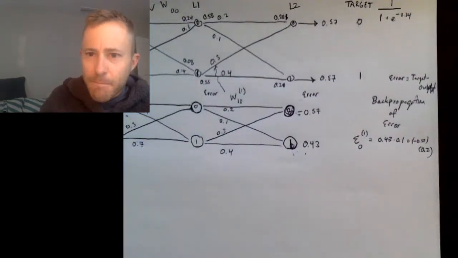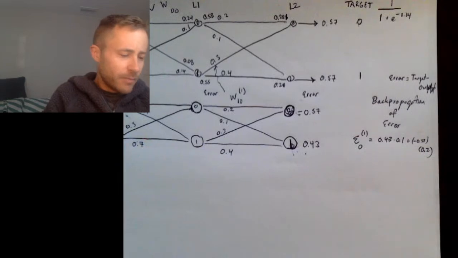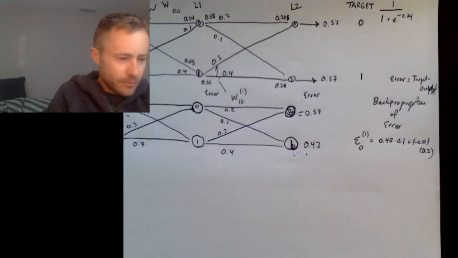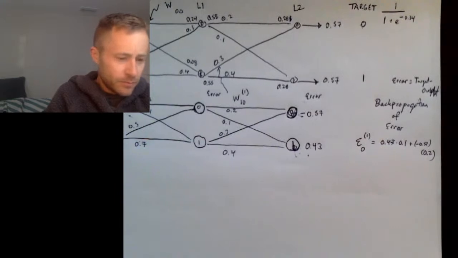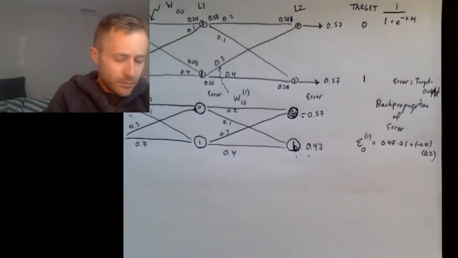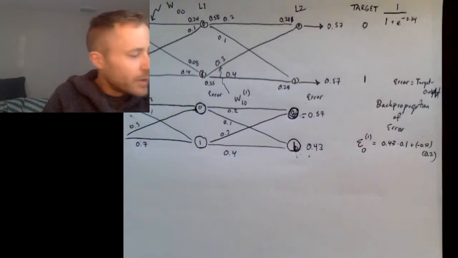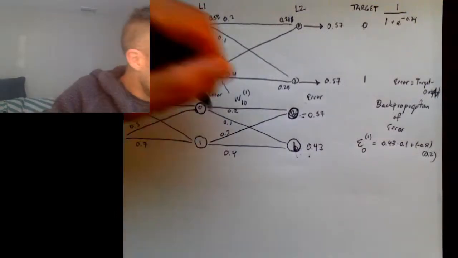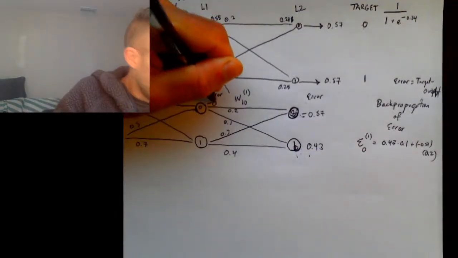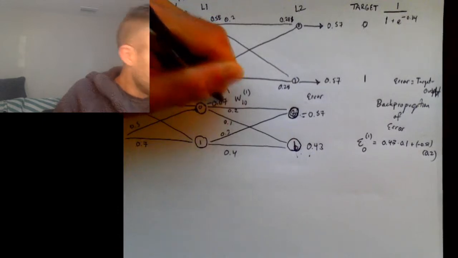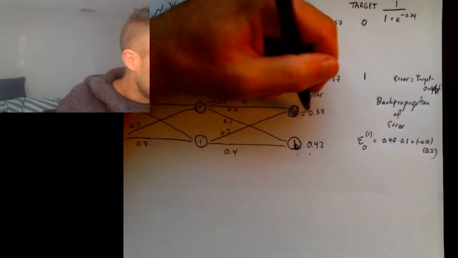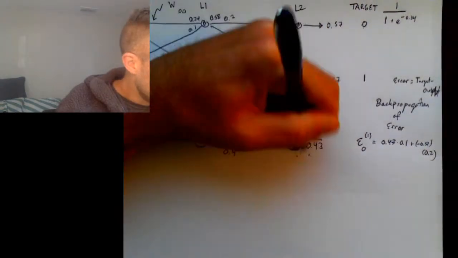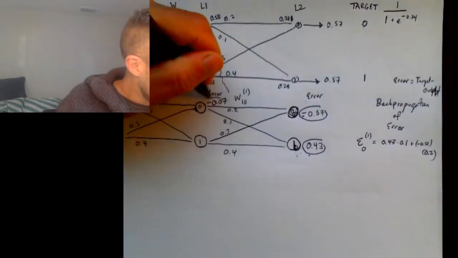Okay, and so that error is negative 0.07. Okay, so I'm going to circle these errors so that they're more clear.